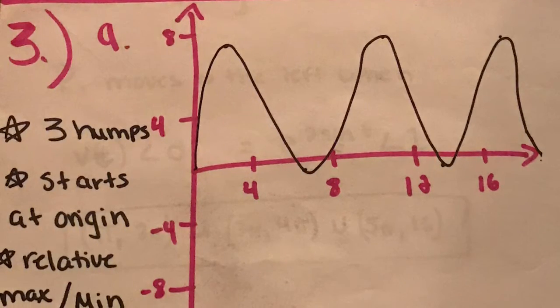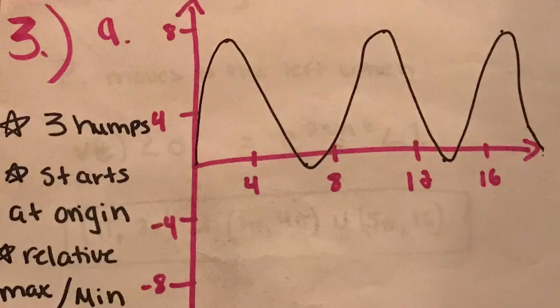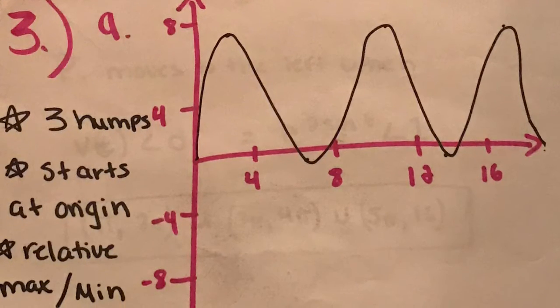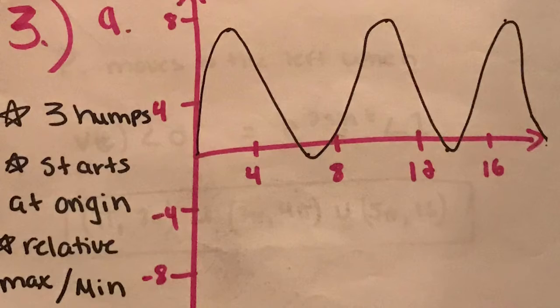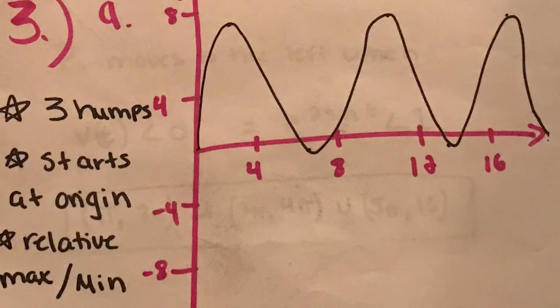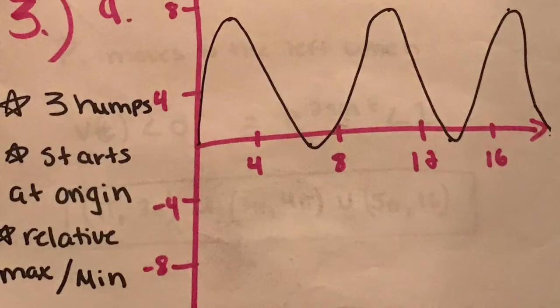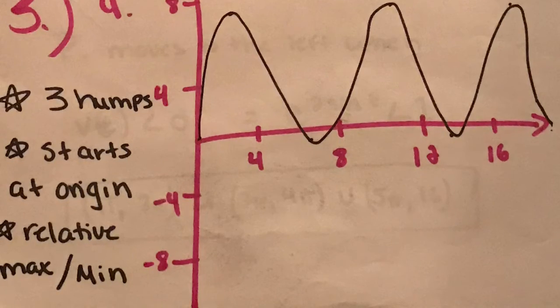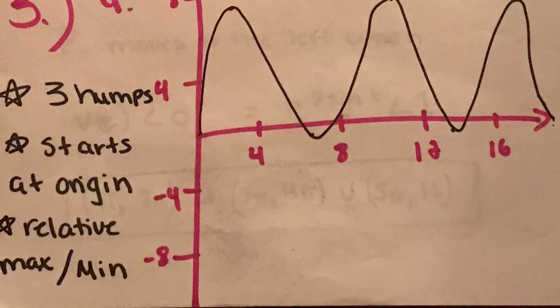You need to make sure that you have 3 waves, with a relative min and max value on the 3 waves, and the graph has to start at the origin.